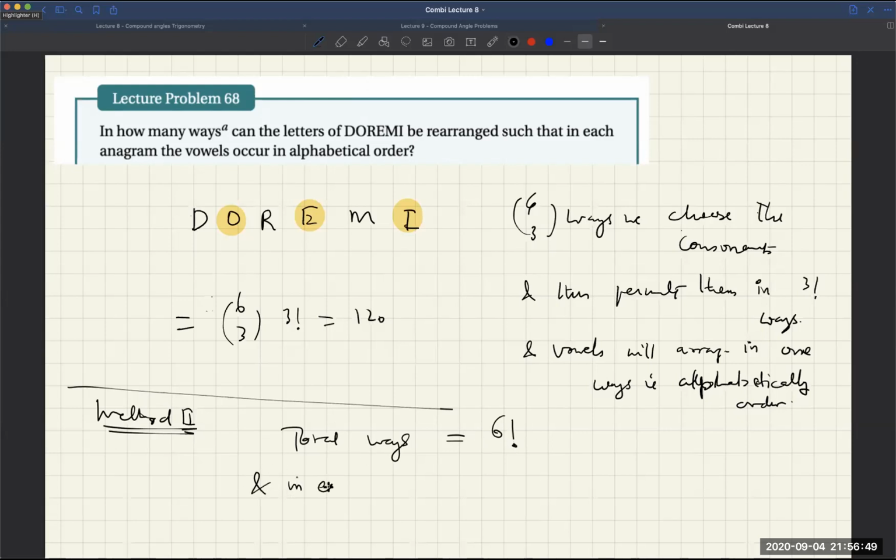And in each way, or rather I can say that this 6 factorial will contain 3 factorial permutations of vowels for each position, for each orientation, for each of their mutual position.